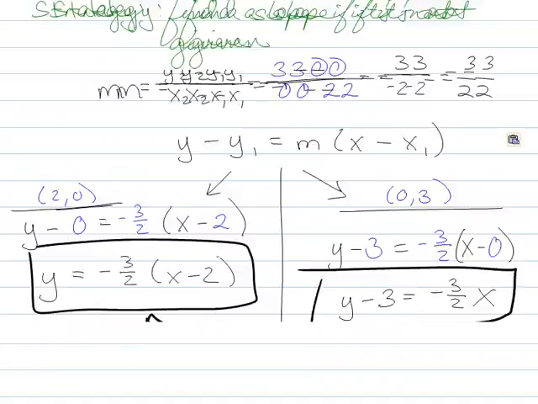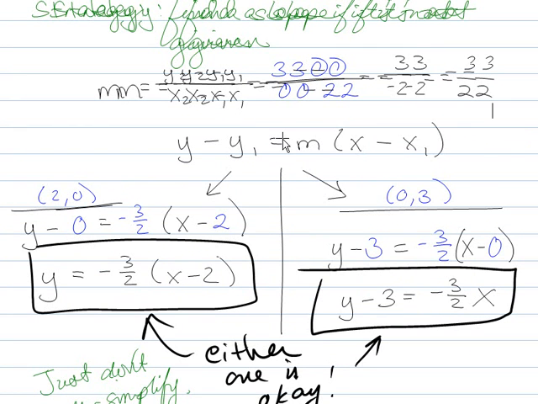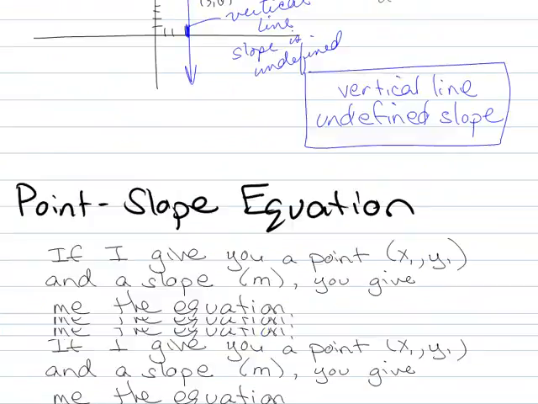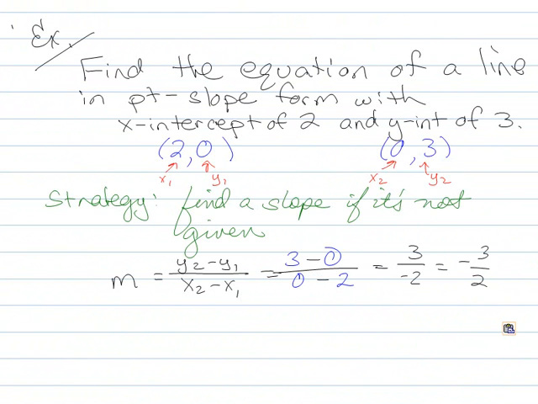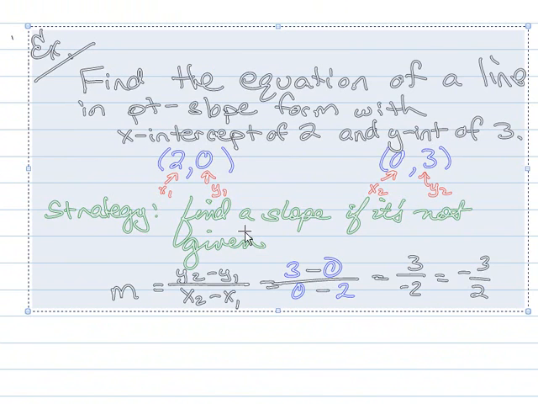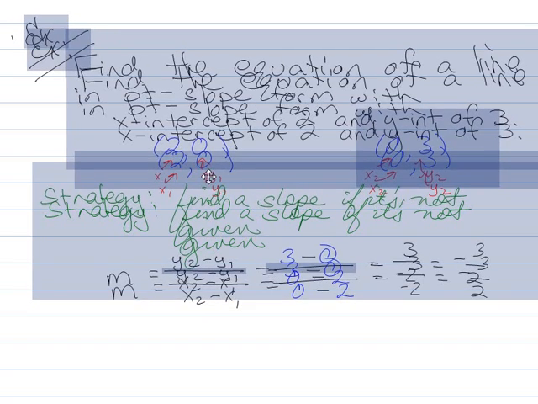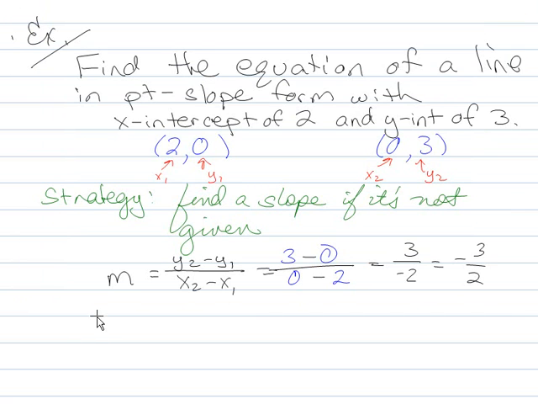So I'm going to pull that down, and we're going to rework this problem now, except I want you to do it in y-intercept form, or as I'm saying again, in slope-intercept form. So now instead of point-slope form, I want to say slope-intercept.